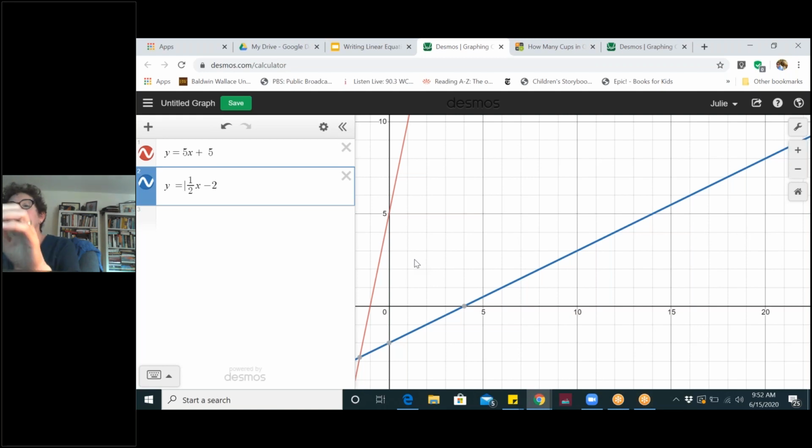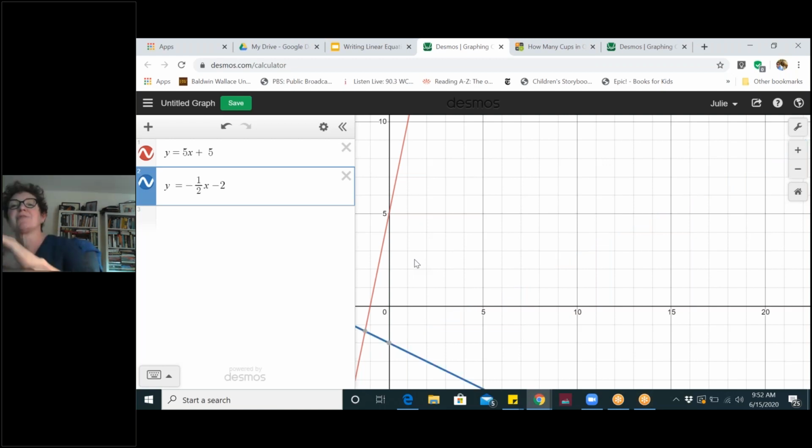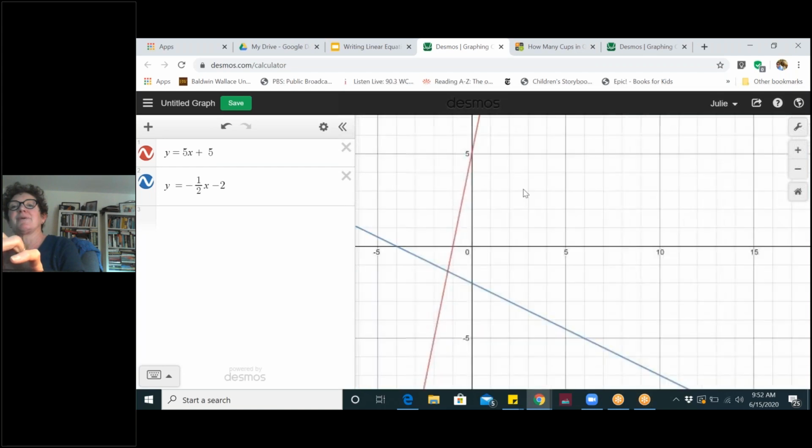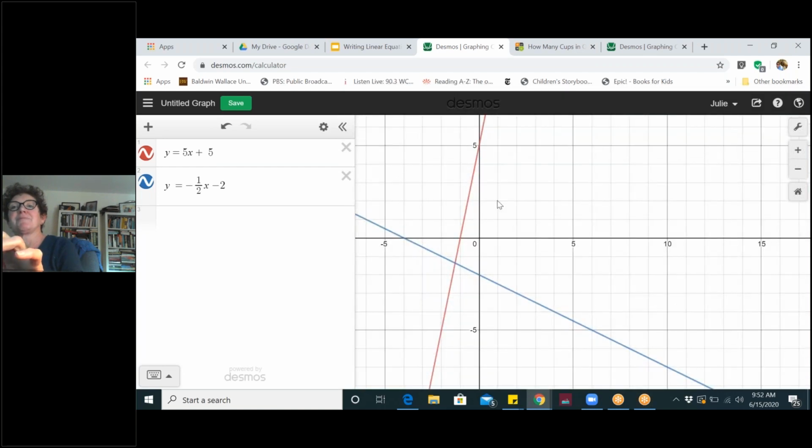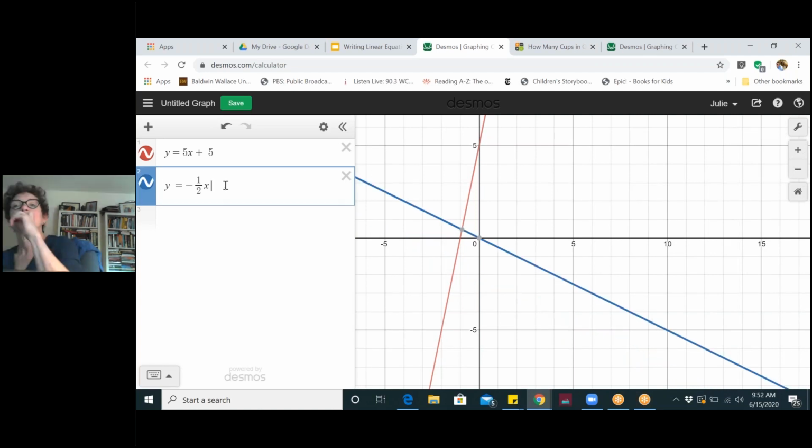It would be decreasing. Beautiful. Exactly. That's what happened. Great. If I change this to plus 4, where will the line go?